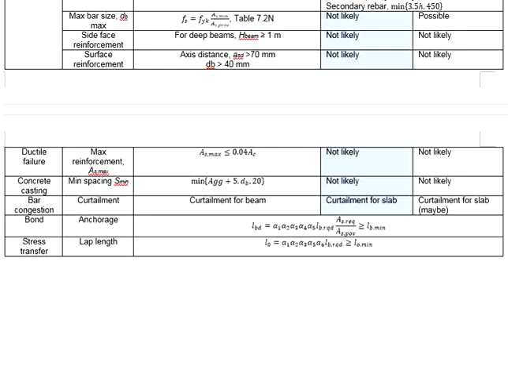Now, if you are not sure of the required anchorage length, normally the industrial people will specify at least 50 times the bar diameter.